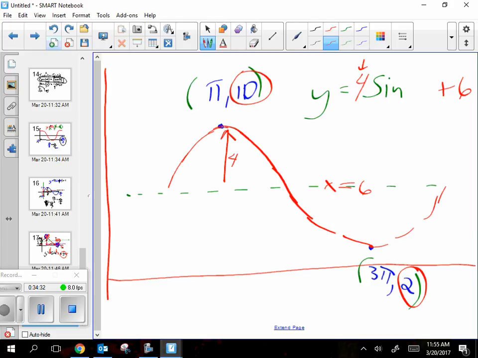Good. And then lastly, to figure out this part of whether it's been stretched and moved and all that stuff, there actually might be a shift in here that I didn't even think about, but here's what I would have wanted you to do. Take that and subtract them. 3 pi minus pi makes what? 2 pi. Did it complete a full cycle when it got that far? No. So 2 pi was not its period.